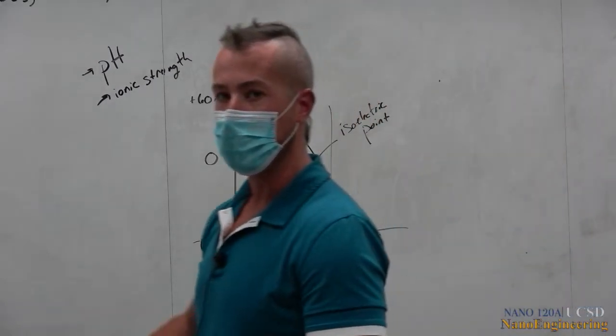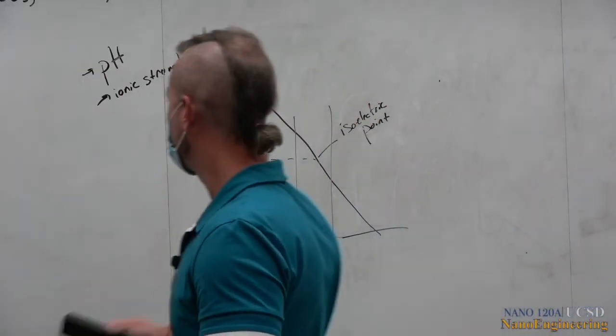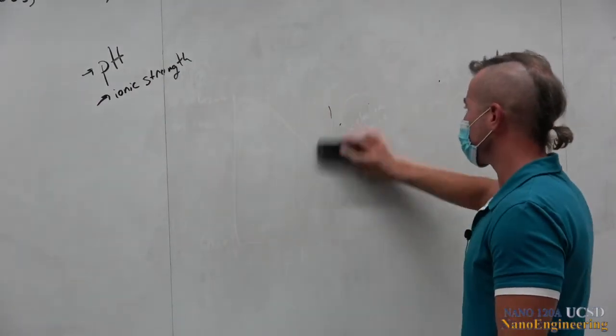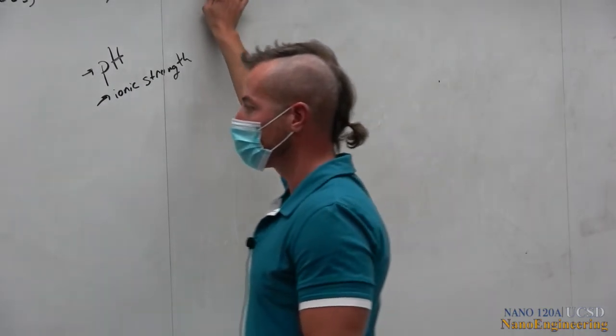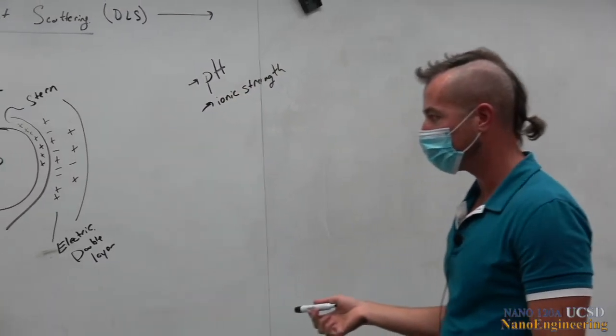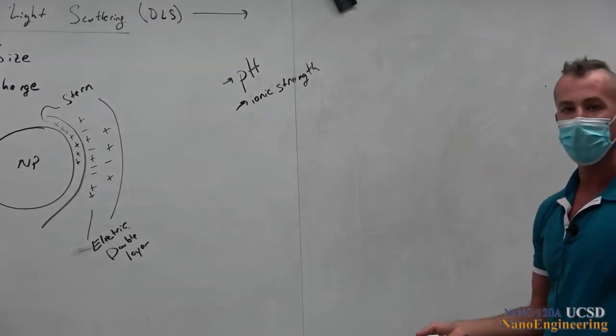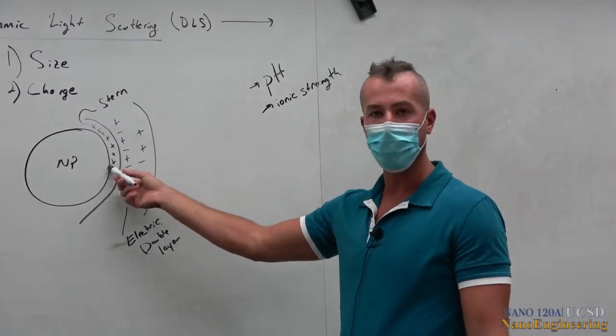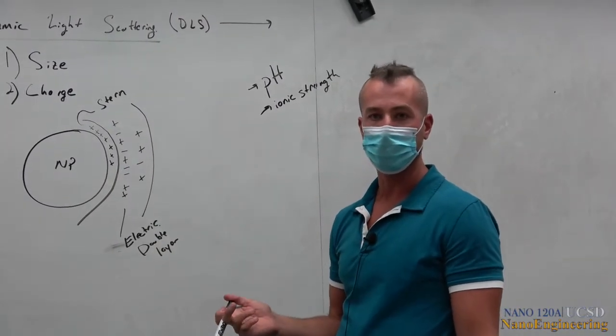So we talked about the effect of ionic strength when we talked about size, but we can think about it here again. So if we add more and more charge, there's going to be less and less affinity of that charge for the surface of the nanoparticle, right?